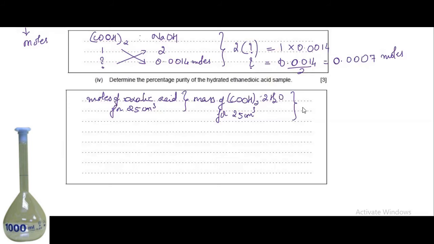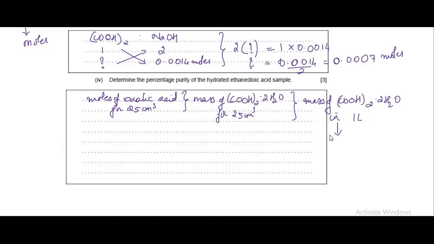So the next step is the mass of ethane dioic acid in 1 liter solution. Once we get this, we can apply the formula for percentage purity and calculate the result.